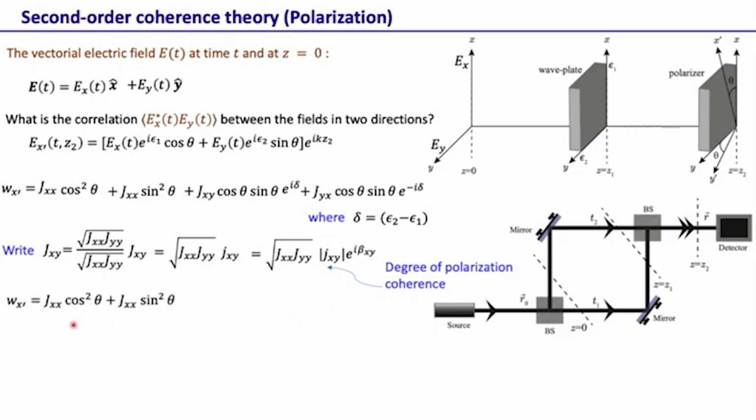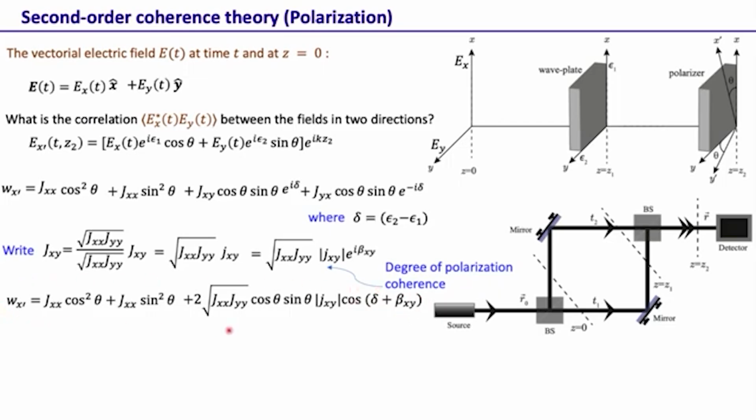Now in terms of this jxy, we can rewrite this W x prime, that is the intensity in the x prime direction, just substituting this quantity for Jxy. So we see that this is Jxx cosine square theta, plus Jyy sine square theta, plus this term with the degree of polarization coherence jxy, and now we have this cosine term, cosine of delta plus beta xy.